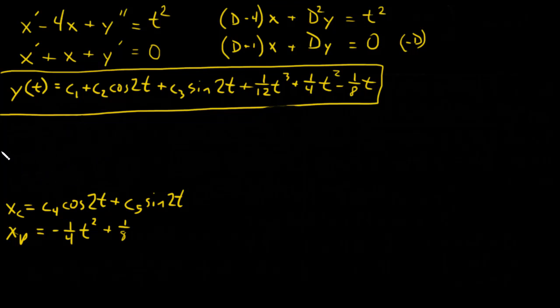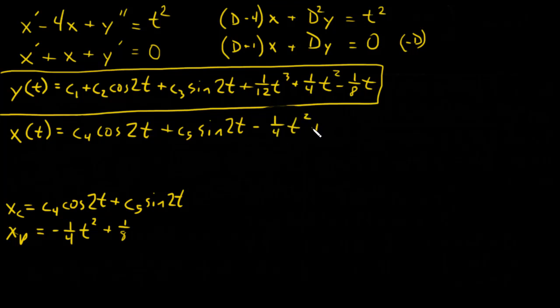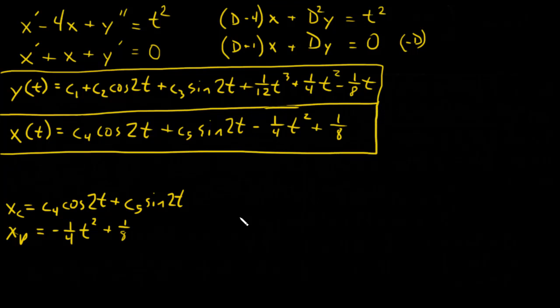So x of t is equal to C4 cosine 2t plus C5 sine 2t minus 1/4 t squared plus 1/8. Just like that. So this is my x of t. And I can now erase this.